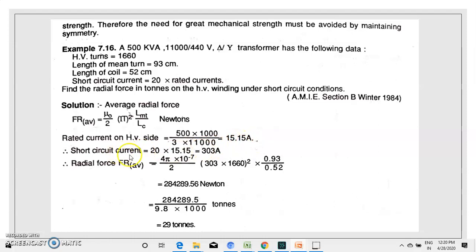For the short circuit current it is given as 20 into that rated current, so under short circuit the current will appear as 303 ampere.